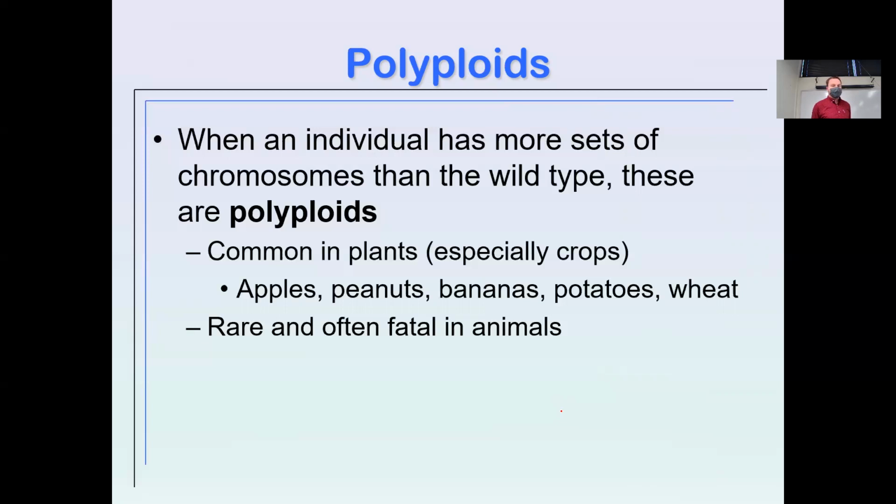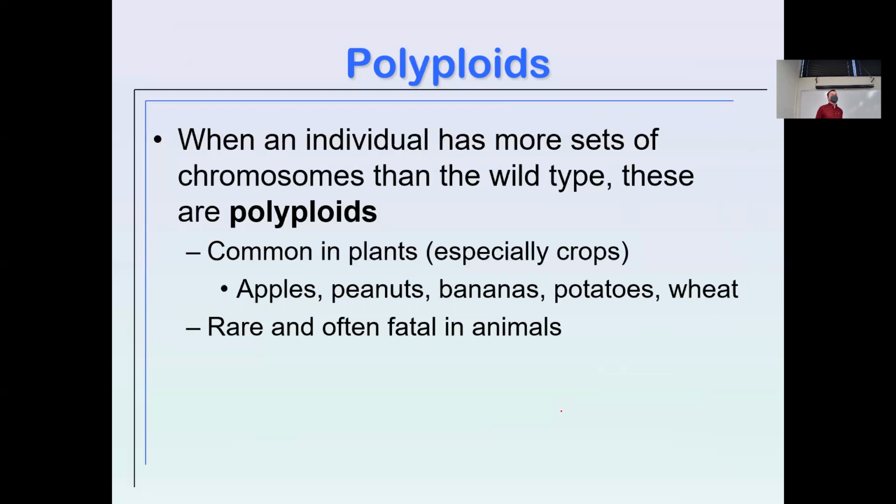Another common thing that's typically fatal for animals, especially mammals, is that we're a little more frail in terms of needing our chromosomes to be just right. Plants have a little more flexibility. It's not uncommon in plants to observe what we call polyploids.